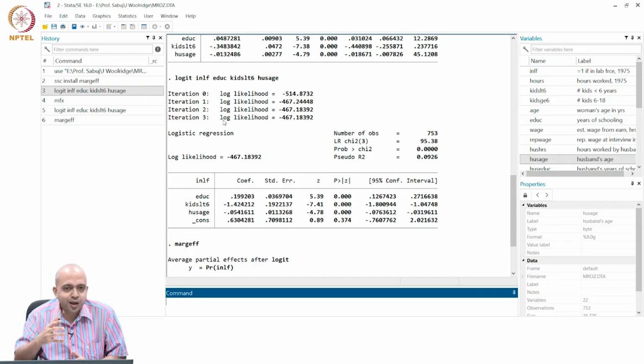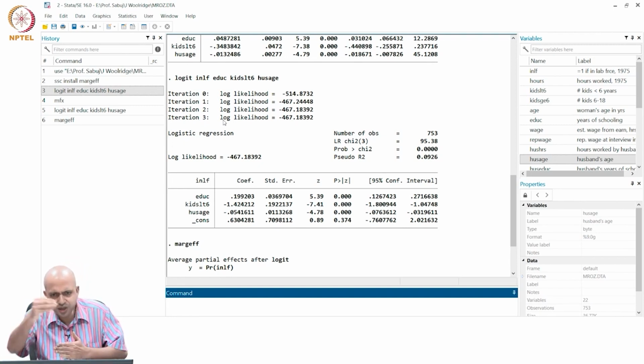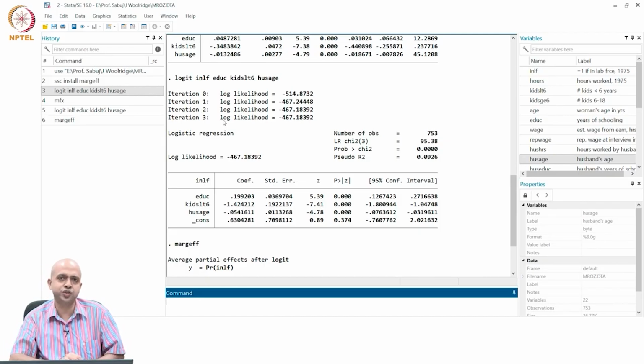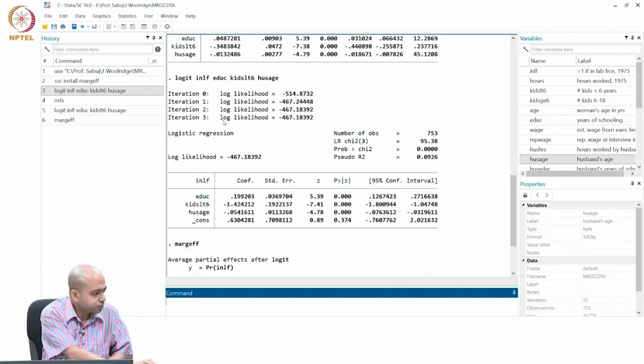So, I am calculating the change in probability for a woman having that many kids. But suppose my interest is a little different. I want to calculate the change in probability of labor force participation for the married woman who does not have any kids, and then I want to see from 0 kids to 1 kid what is the change in probability of labor force participation, right.